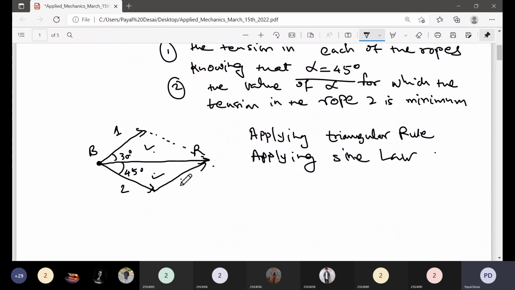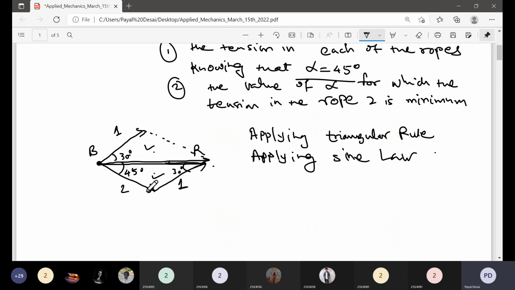So this becomes the force in rope 1, this becomes the force in rope 2, and the resultant is already given. Now coming to the angle, I need to know the angles of this smaller triangle. It is obvious that this is horizontal, so it is easy to understand that if this is 30 degrees, this is 30 degrees from trigonometry.